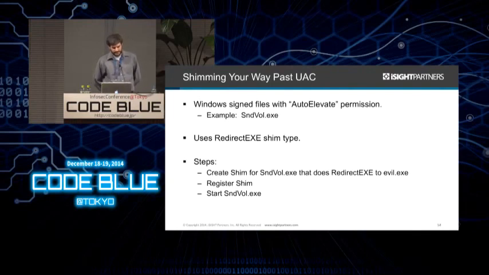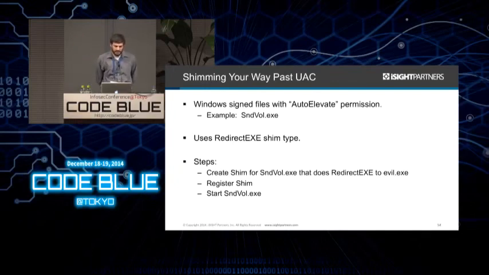You register it using either stb-inst or some other mechanism, and you start sound volume. So sound volume is being started by the Windows loader. The Windows loader says, okay, I need to elevate it. So it elevates it, and then it says, okay, well, there's a shim I need to apply, and it applies the shim. And the shim says, okay, do a create process to evil. Evil's now elevated, and then sound volume goes away.